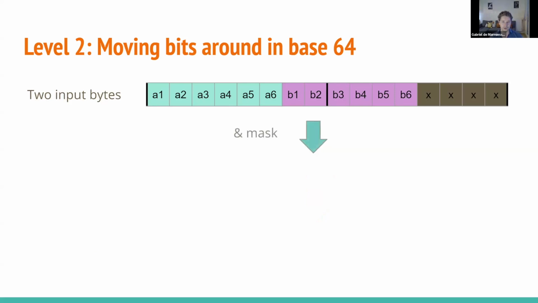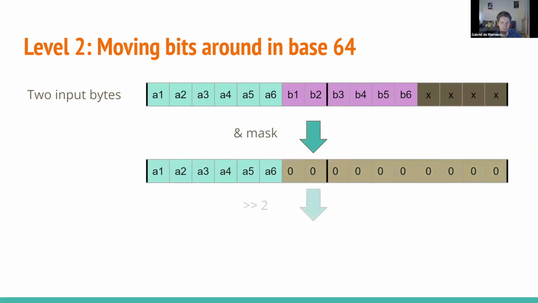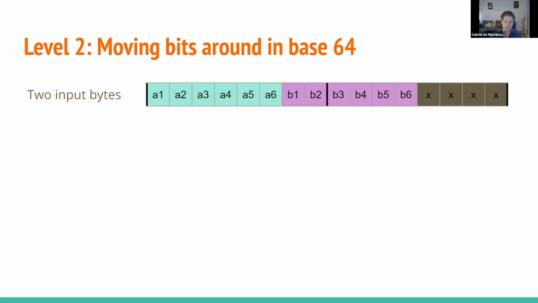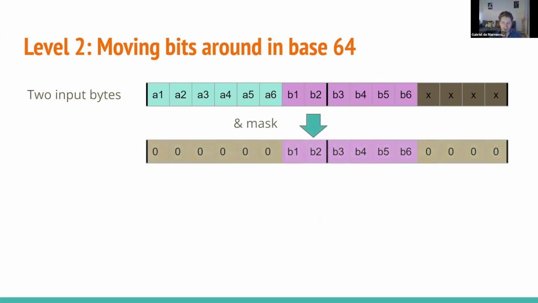So first you do a mask to take the first group of 6 bits. So that's pretty easy. And then you can do a bit shift by 2. That's pretty easy too. And you end up with the 8 bits that you were looking for. But then for the second group of 6 bits, that's a bit difficult. What you can do is mask.